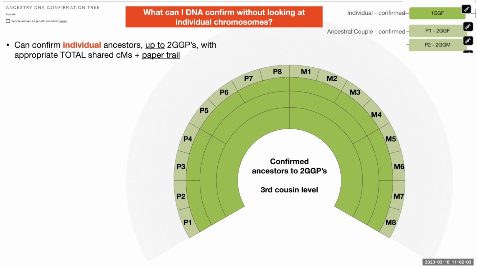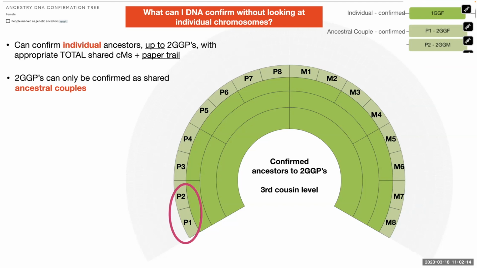So in my opinion, you can only confirm individual ancestors up to second great grandparents with total shared centimorgans and a paper trail. When you get out to these ancestral couples at the second great grandparent level, you may have matches to those people, but then going back another generation, you need to make sure you've got matches on both sides.